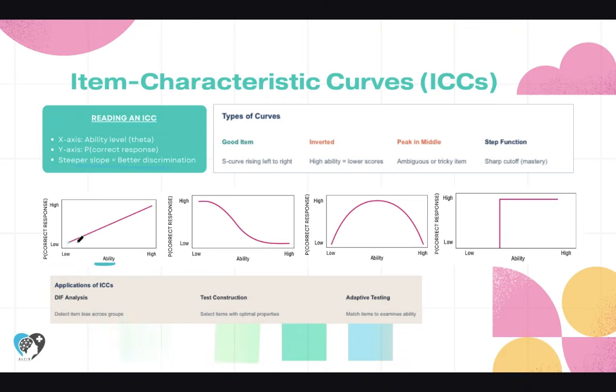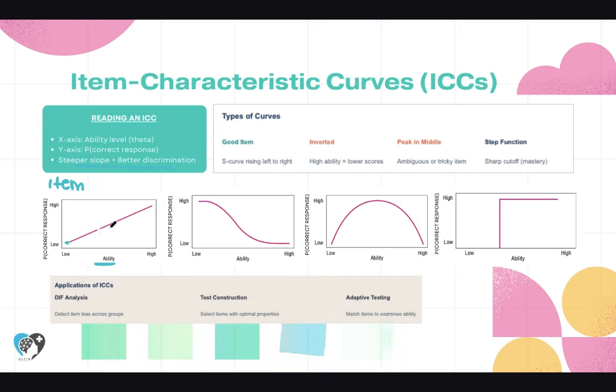So low-ability persons, for example low scorers in intelligence tests, have a low probability of getting this item correct. This means the item discriminates between those who have high ability, in this scenario high intelligence test scores, and those who do not. This is the visualization per item of the scores of all test takers.